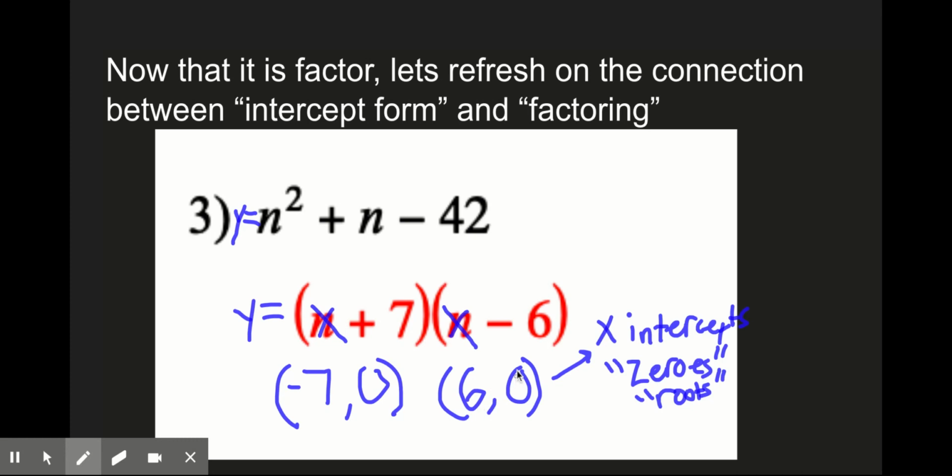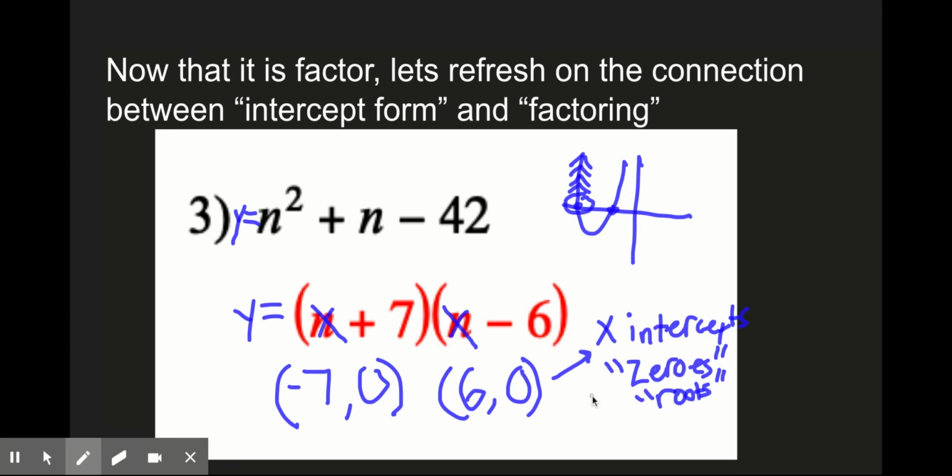You plug something in and you get a 0. In terms of them being called roots, I don't know. That always just makes me think of, like, if you think of the parabola as like a tree, well, then the trunk turns into the roots right at this x-intercept, aka the zeros, the roots, right?